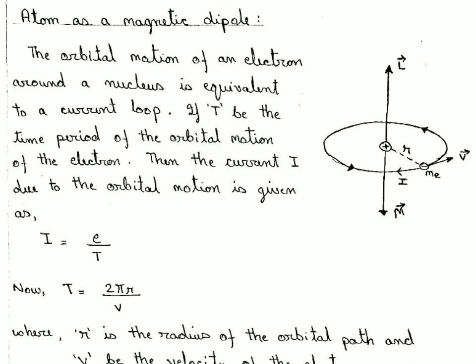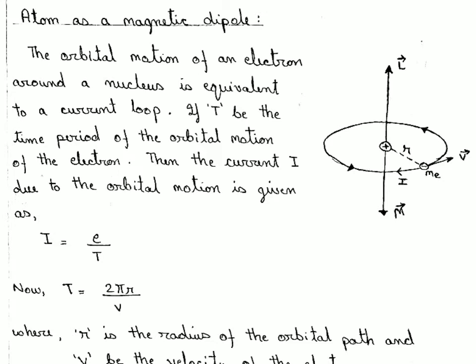Now you know current is the flow of electrons, isn't it? So here also, since the electron is in orbital motion around the nucleus, that is equivalent to a current loop, and the current is always opposite to the direction of flow of electrons.